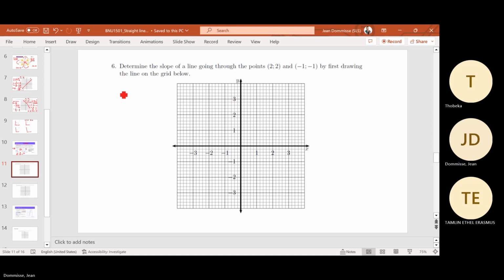Here they again give you 2 points, and they want you to determine the slope. So you don't need a grid at all to do this. It helps, but you didn't actually need to have it.